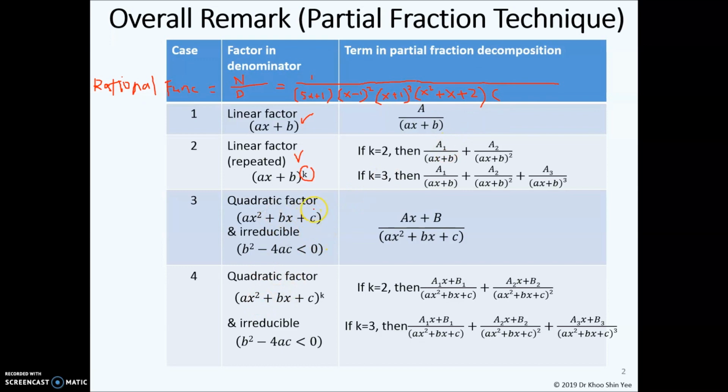Let's say this is the case, a quadratic factor, where b squared minus 4ac: here b is 1, a is 1, c is 2. So 1 minus 4 times 1 multiplied by 2, and you get a negative number. If it is less than 0, we cannot reduce it further to linear factors. So this is the simpler form that we have here.